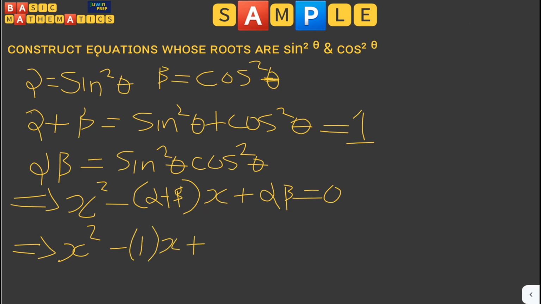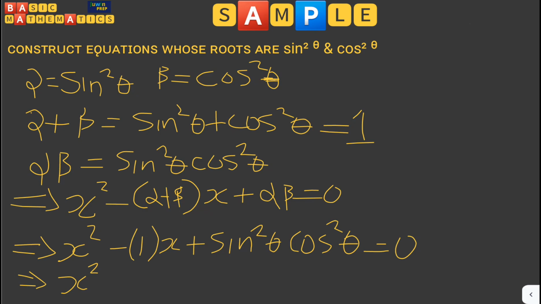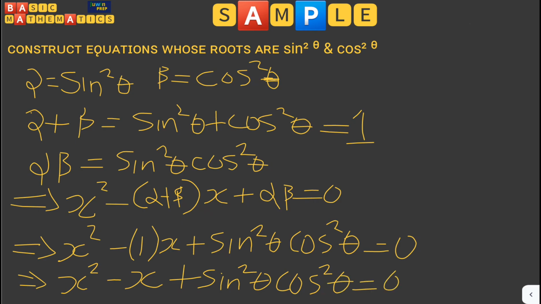plus, I'll just go through the process, sine squared theta cos squared theta equals 0. And you leave it at x squared minus 1 times x is minus x, or minus 1x, but I'll leave it as minus x plus sine squared theta cos squared theta equals 0, and this will be your final answer.